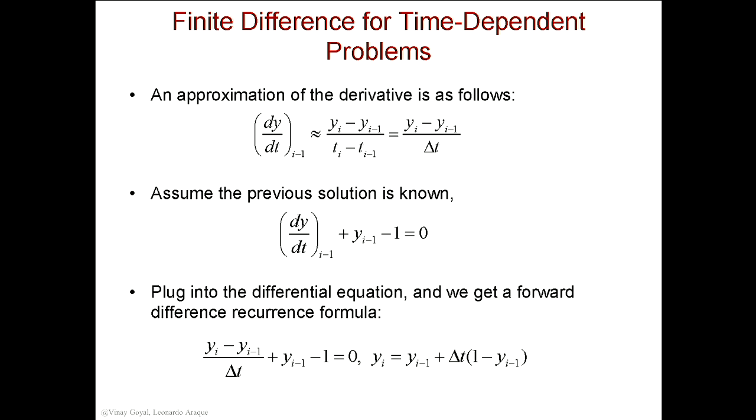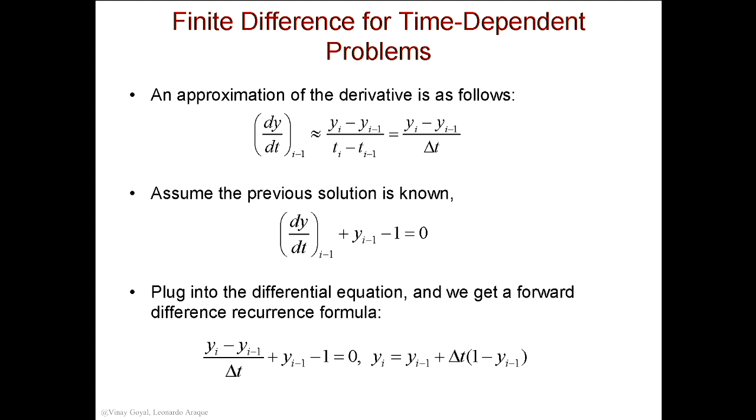That interval is delta t. So now I have an expression that relates dy/dt in an approximate manner as a function of what the value of y is currently, and what the value of y is at the previous time step.